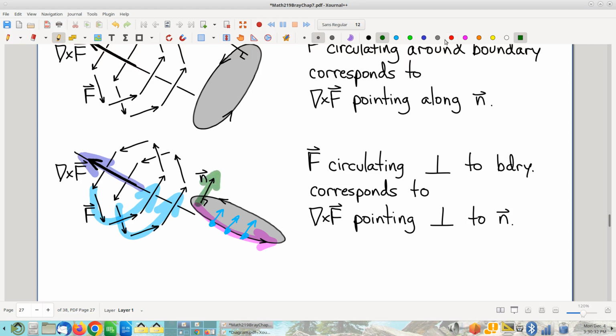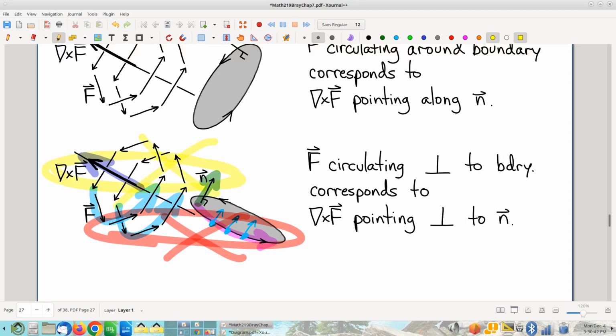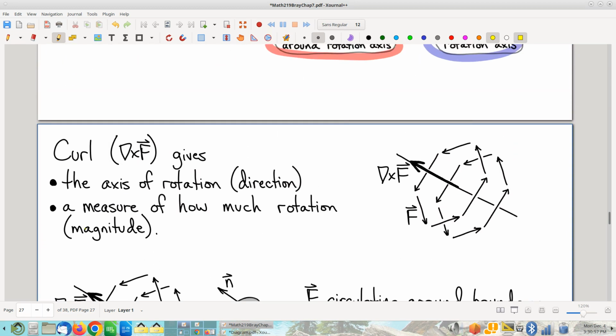So this not giving you a lot of circulation lines up perfectly with this not giving you much of a dot product. So I think this is geometrically plausible that this dot product, curl dot n, tracks with how the fluid is flowing around the boundary. Okay, so that's just intended to be a plausibility check of these claims about how to interpret curl, what it means geometrically.